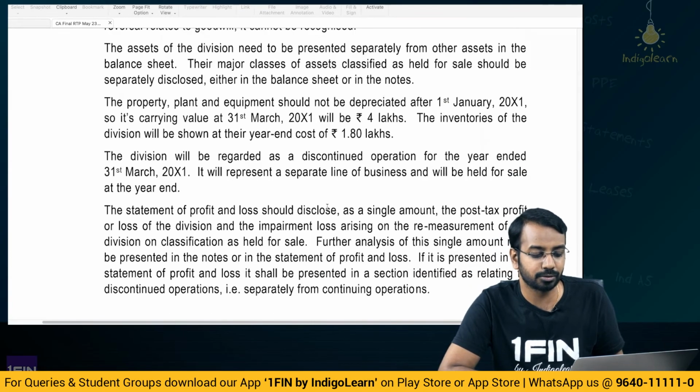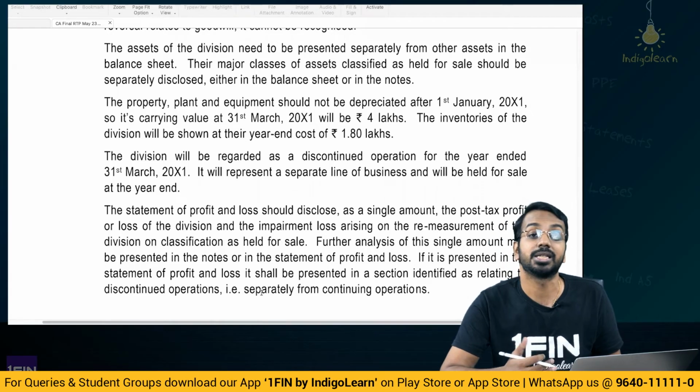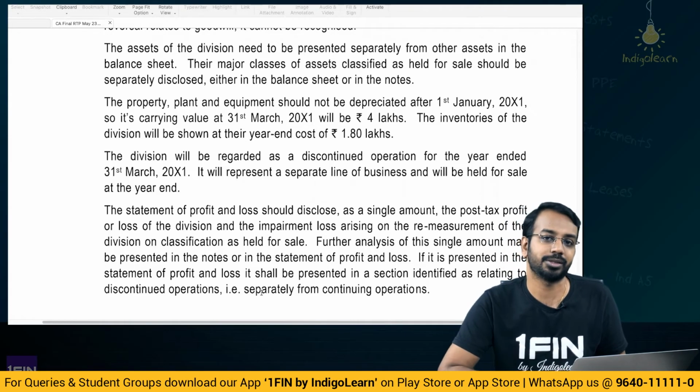The statement of P&L should disclose as a single item the post-tax profit or loss from the division and the impairment loss arising on the remeasurement of the division. Further analysis of the single amount may be presented in the notes or in the statement of P&L. If it is presented in the statement of P&L, it shall be presented in a section identified as relating to discontinued operation, which is separate from the continuing operation.